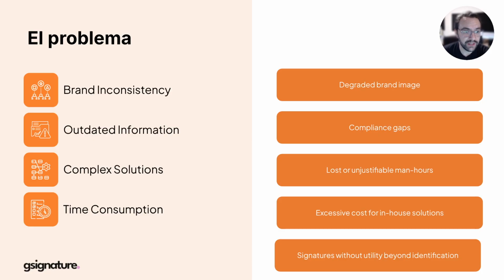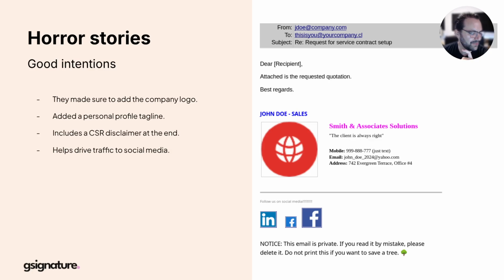So now let's look at some real horror stories, as we like to call them, signatures that we see way too often, and hopefully no one here feels called out. So let's take a look at the first one. This is the one we like to call the well-intentioned signature.